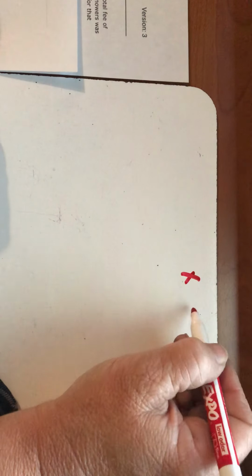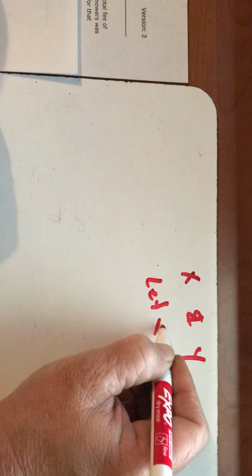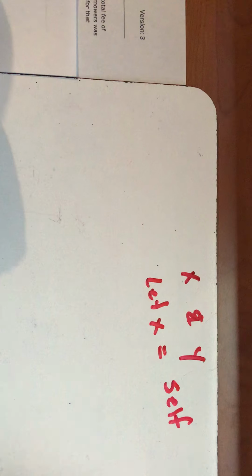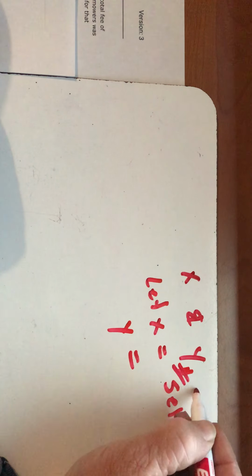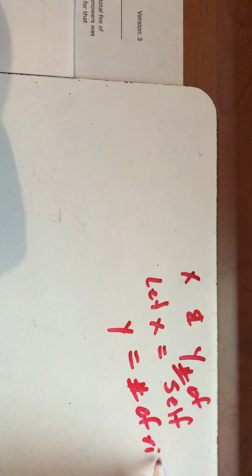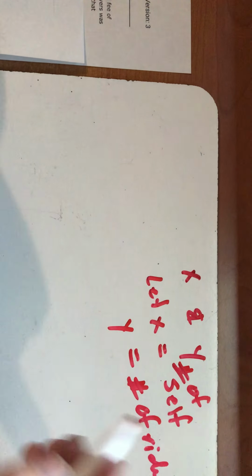So we're going to use variables x and y. Let x be the number of self-propelled mowers, and y is the number of riding mowers. We don't know what they are, that's why we gave them letters.